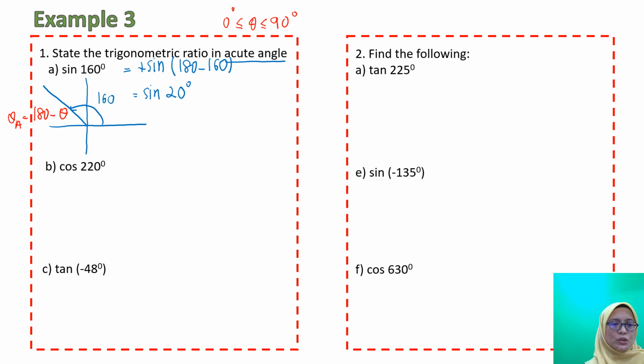Okay, so then cos 220 sama juga kita tengok dia dalam kuadran mana. So ini 220. Okay, so dia jatuh dalam third quadrant. So kalau third quadrant, kita punya formula basic angle theta minus 180.